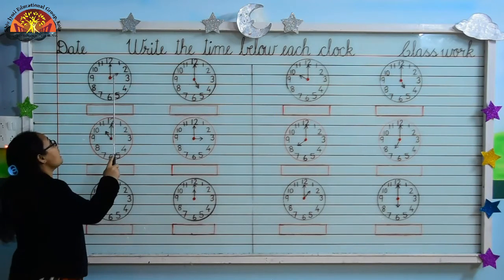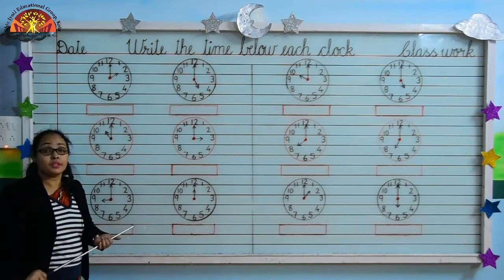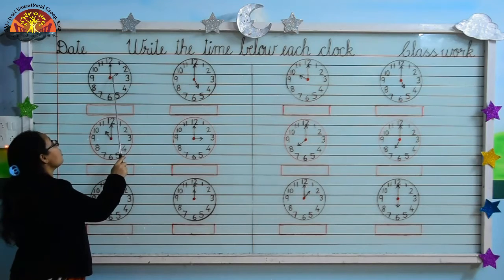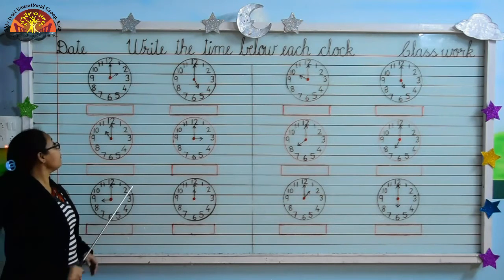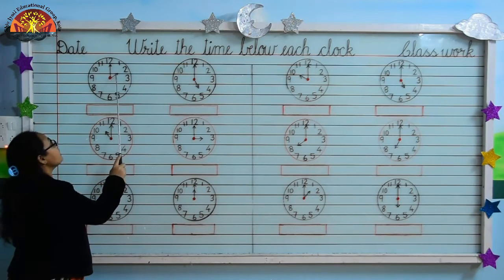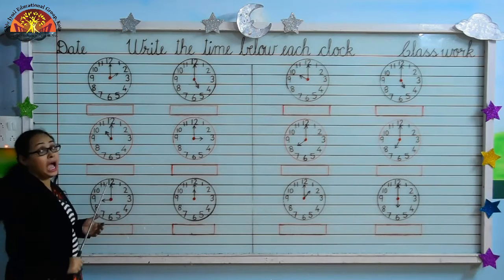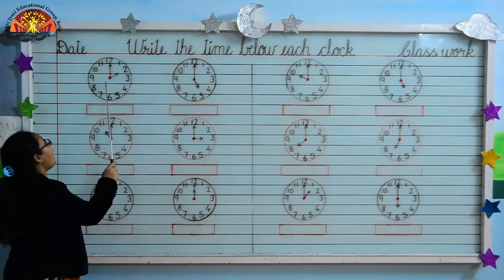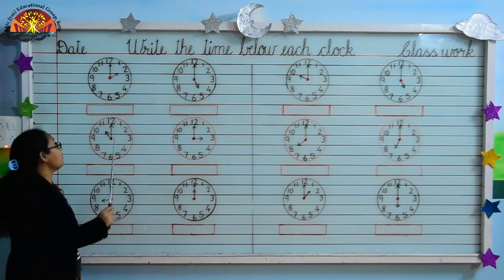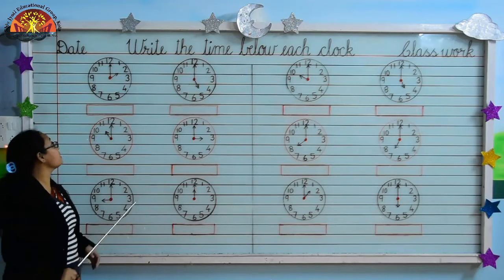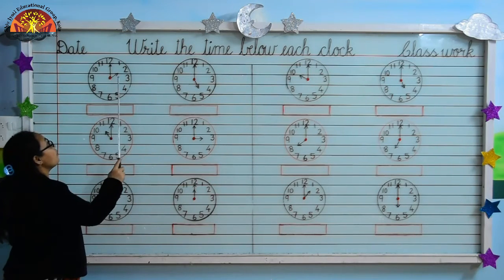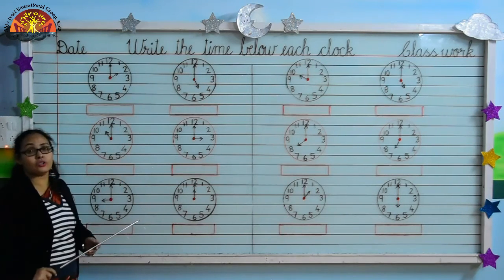Kids, which hand is this? Yes, this is short hand and it shows hour. Kids, if the short hand is at 2 and the long hand is at 12, what time is the clock showing here? Yes, the clock is showing 2 o'clock.